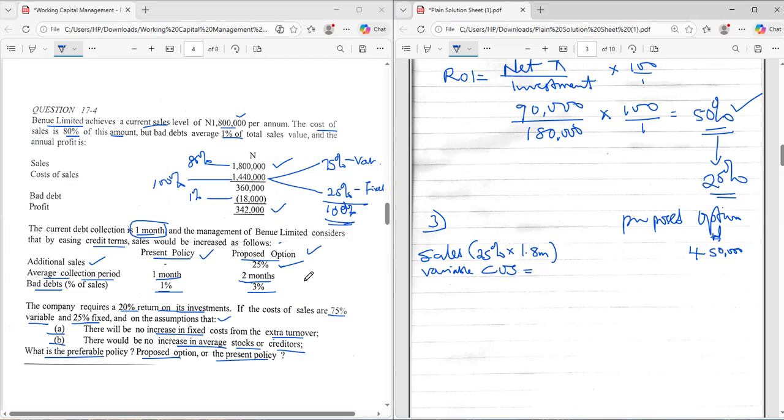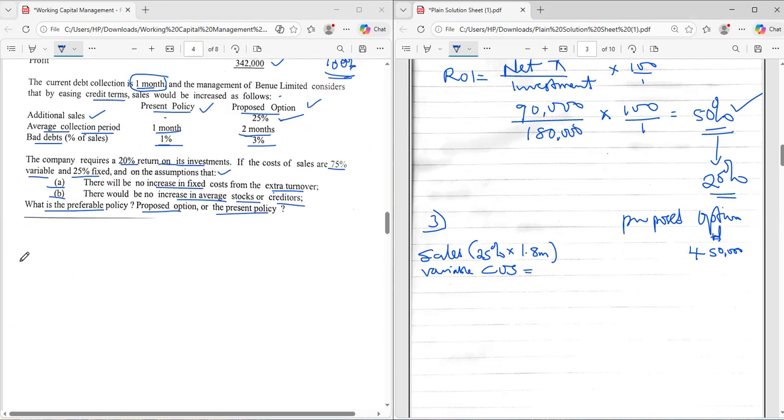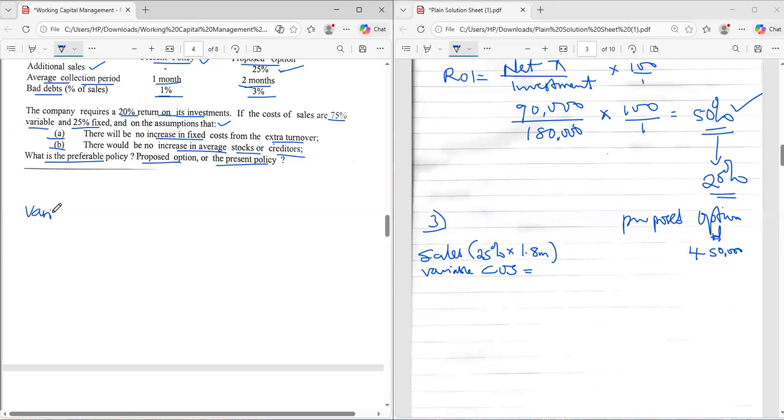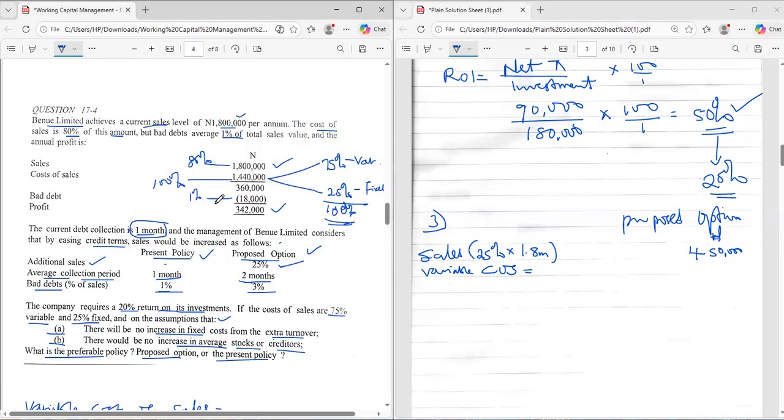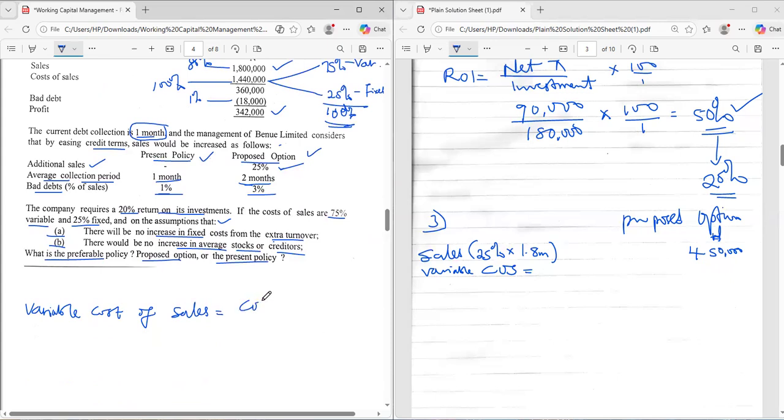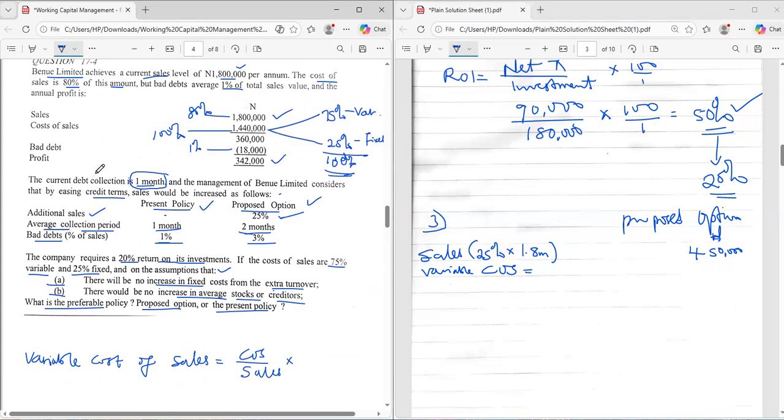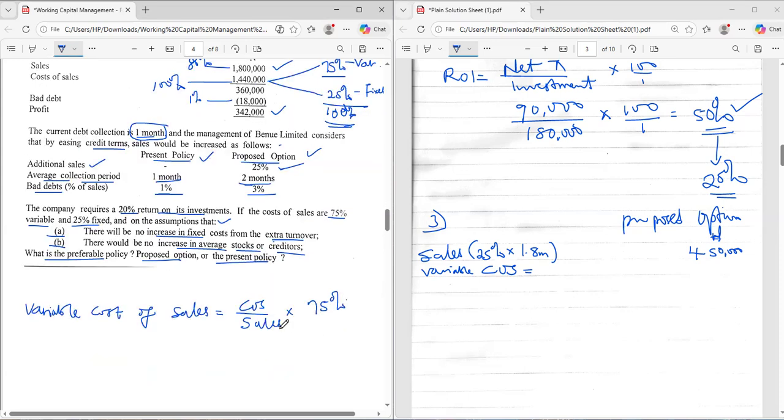Our variable cost of sales shall be cost of sales divided by sales, times the variable part, which is 75%.